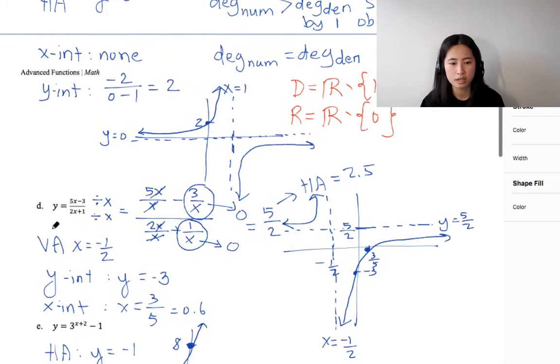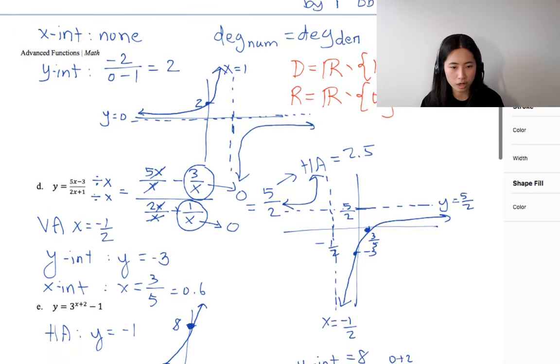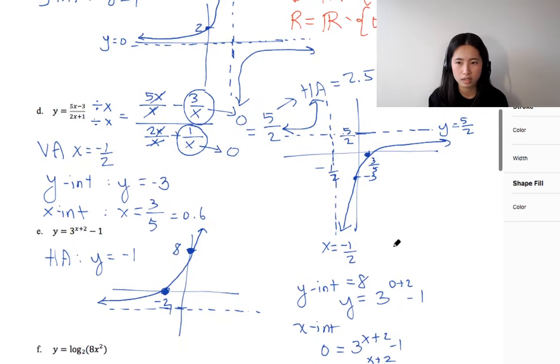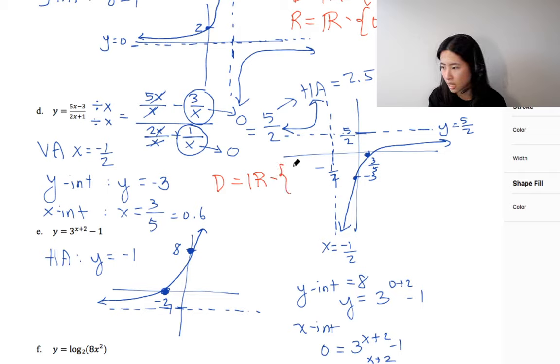So that's how this works. Similarly for part D, it's going to be the same thing as this one. However, your 1 and 0 is going to be different. So domain is all reals except your x, which in this case would be -1/2.